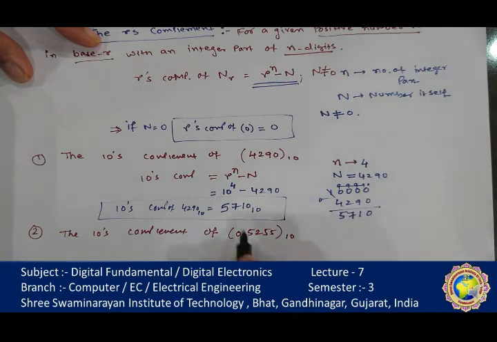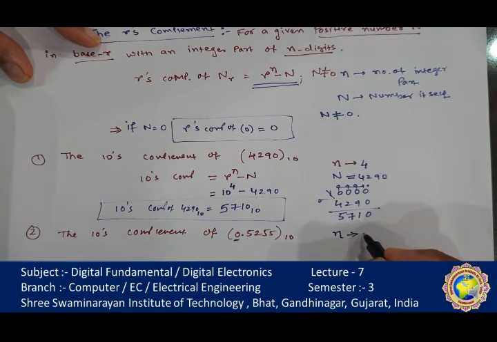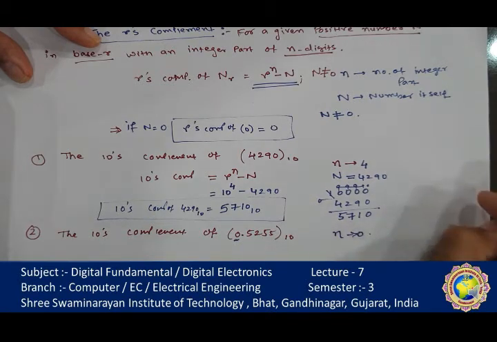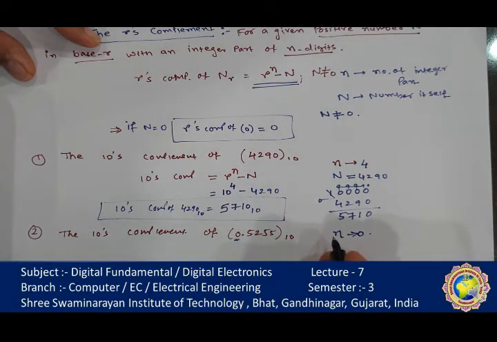In this case, the number of integer digits is 0, and there is no integer part; only the fractional part is there.